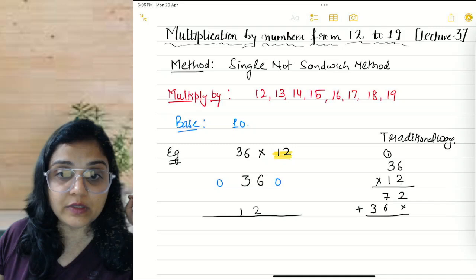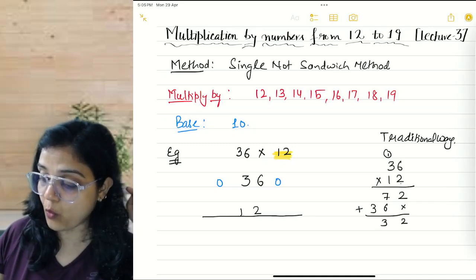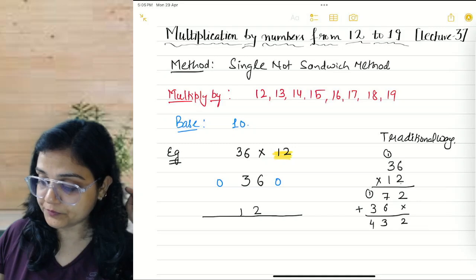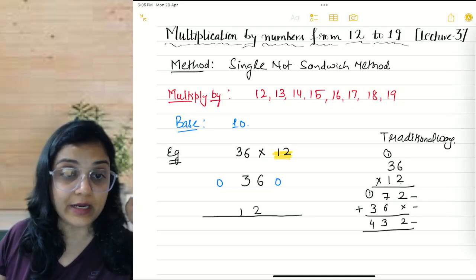You receive the answer as 432. So in 3 steps you are getting the answer.